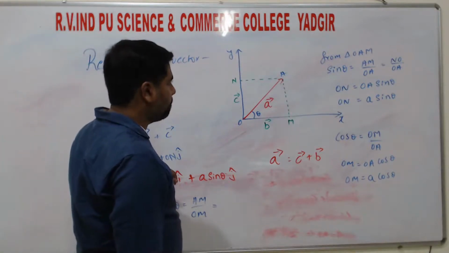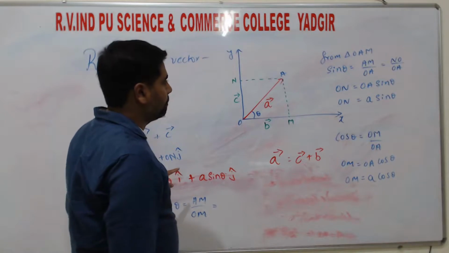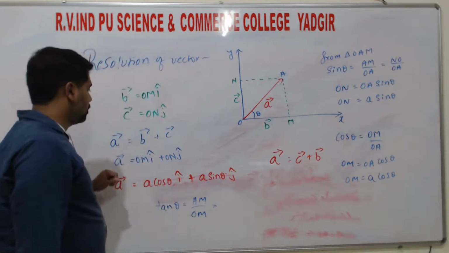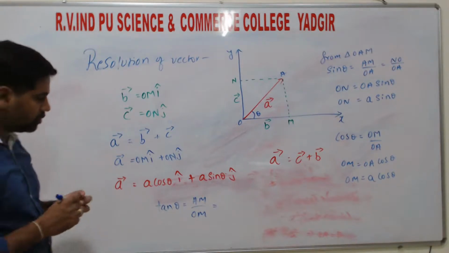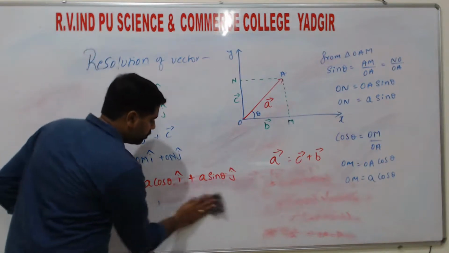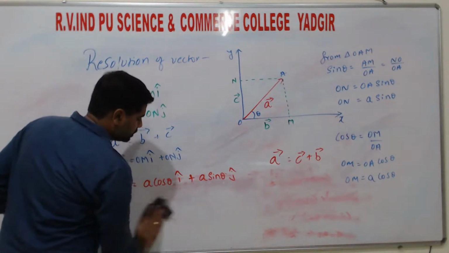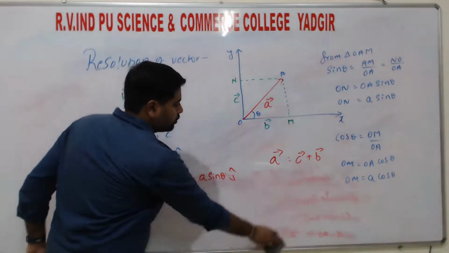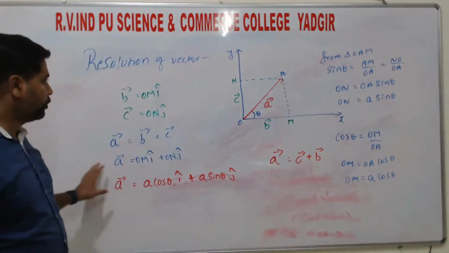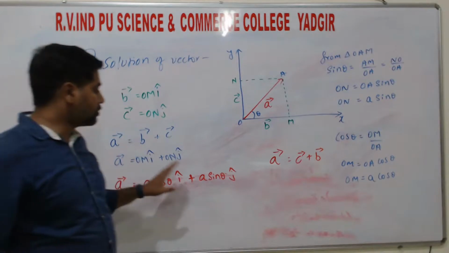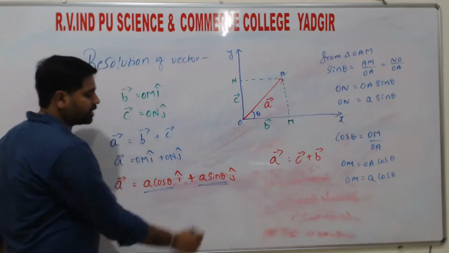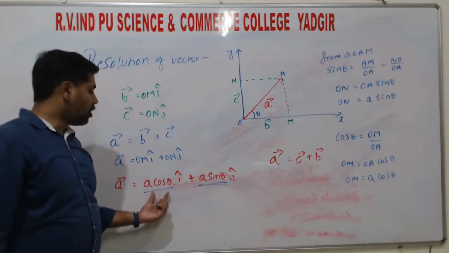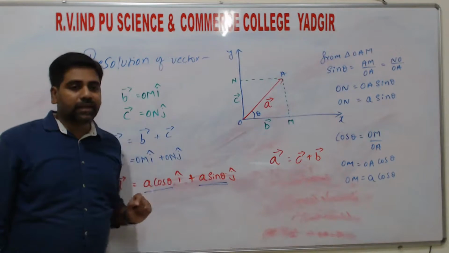The same one, right? So here there is no need to find the direction. So this is about the resolution of a vector, and these components are called rectangular components, A cos theta and A sin theta, which depend on the angle which it is inclined, right?